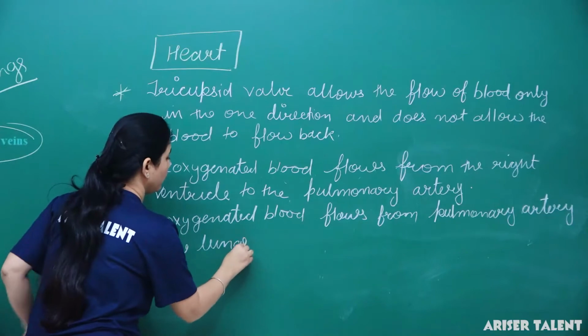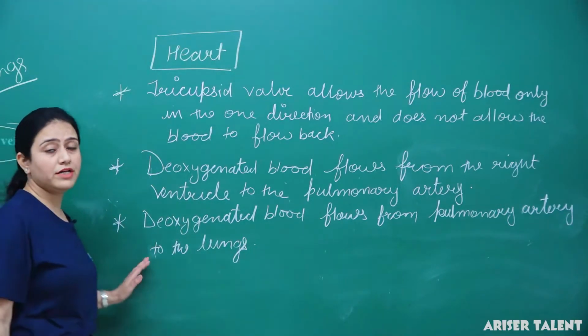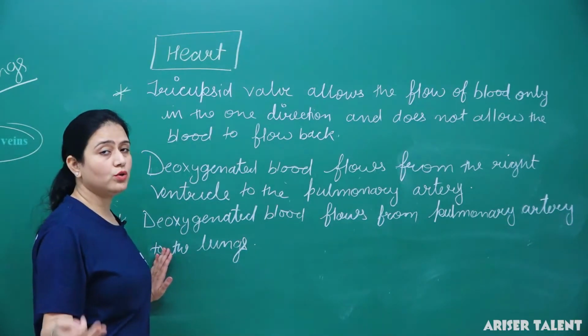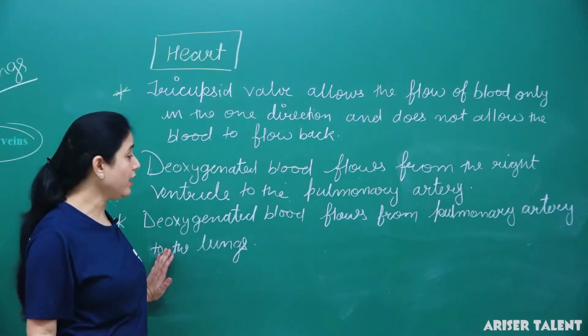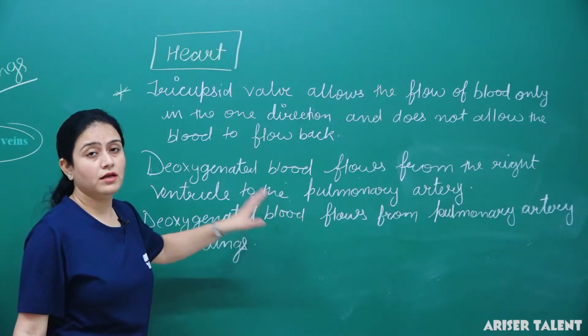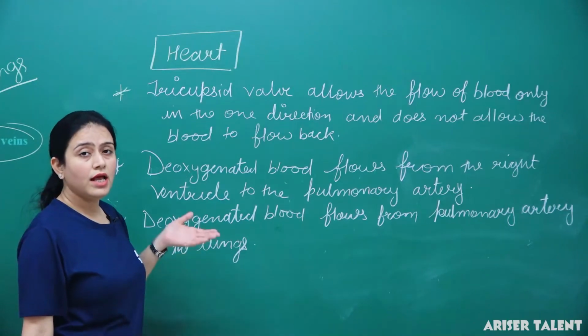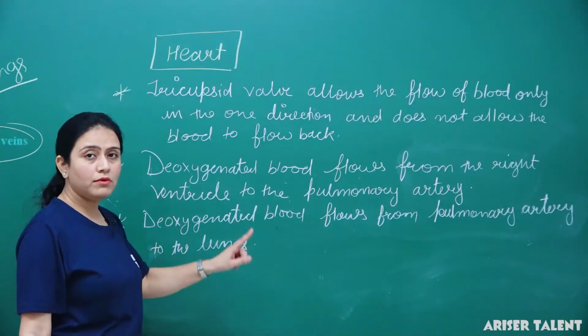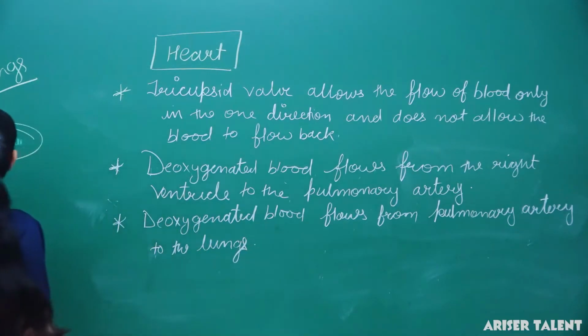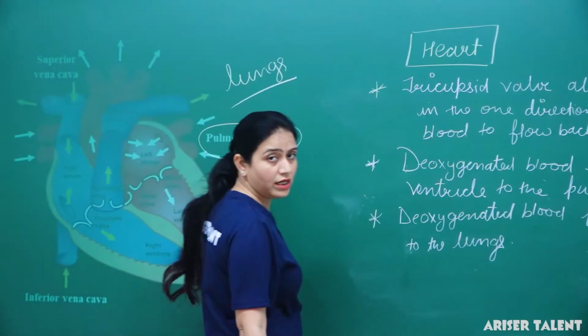Okay, so here when the deoxygenated blood reaches the lungs, and we all know that oxygen is present in the lungs only, this blood picks up the oxygen and then flows from the lungs to the left atrium through the pulmonary veins.